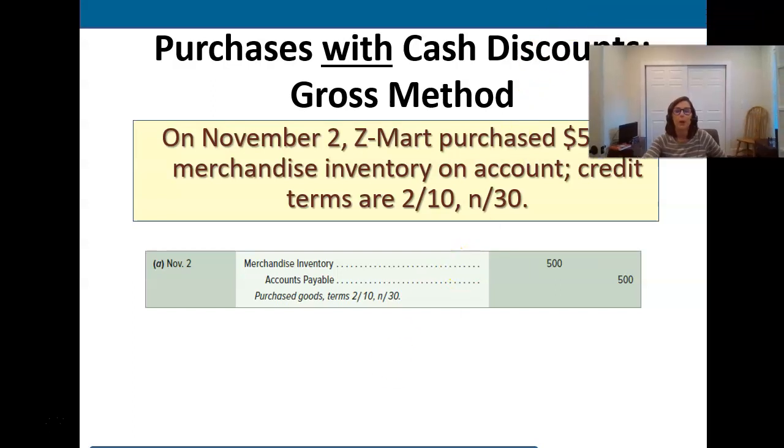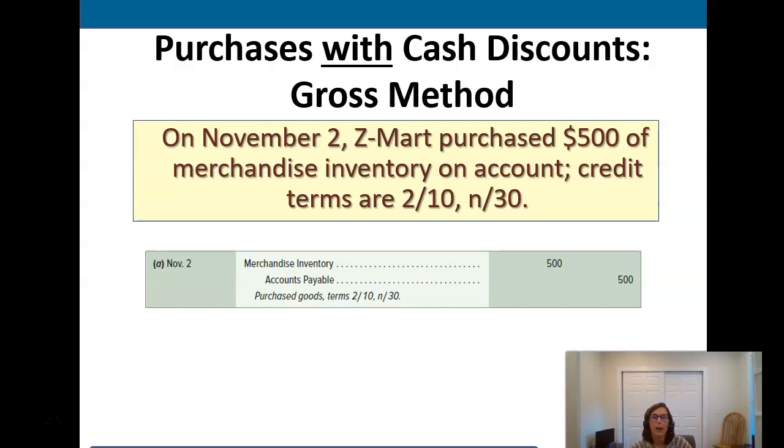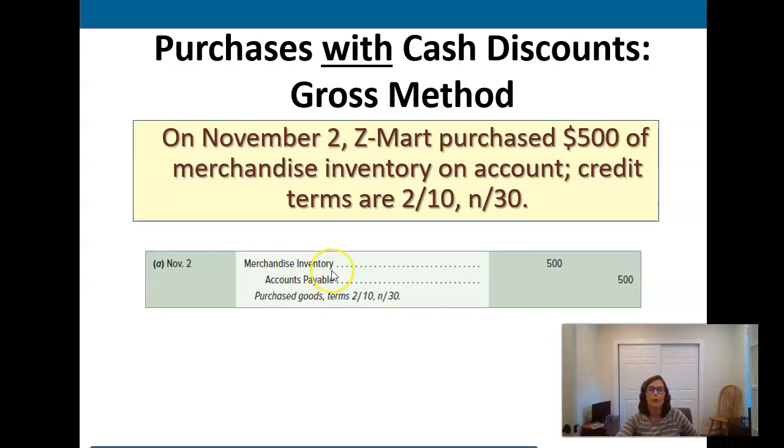And this is what it will look like from our end when we make that entry. So when we first bought the stuff on credit, forget about the original example because that was a cash deal. Now we're going to make the same purchase, this time on credit. Our terms are 2/10 net 30. So merchandise inventory goes up, debit for 500.